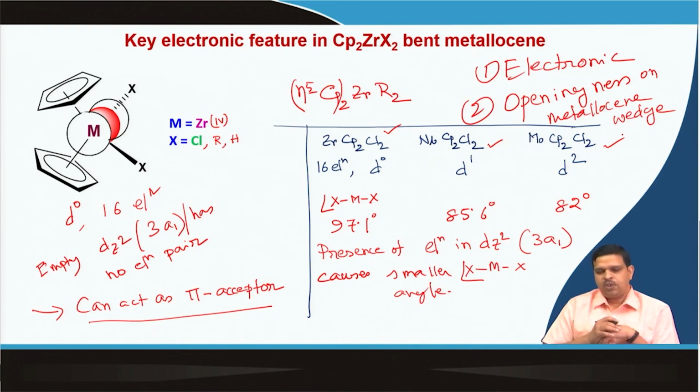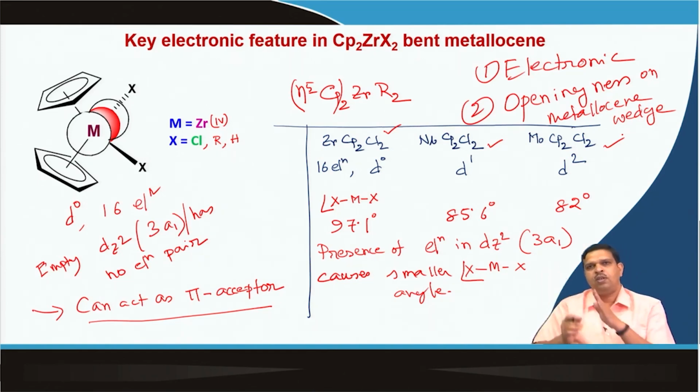So, the zirconium analog is the perfect system, both in view of the electronic nature and the openingness of the metallocene wedge.